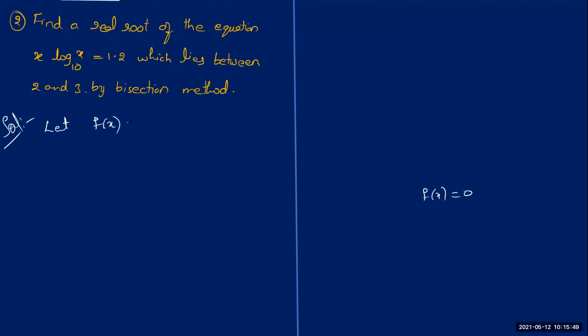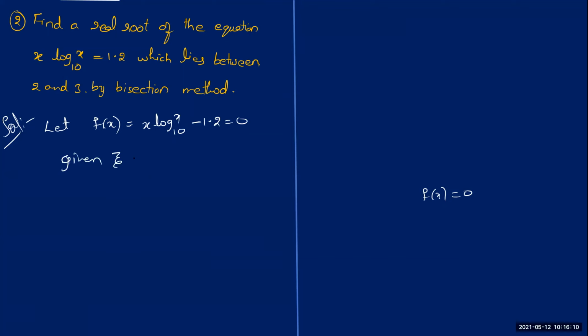Let f of x be x log x base 10 minus 1.2, which is equal to 0.